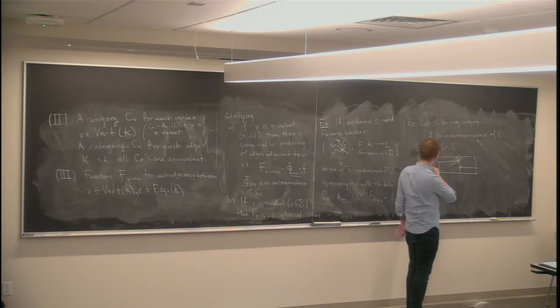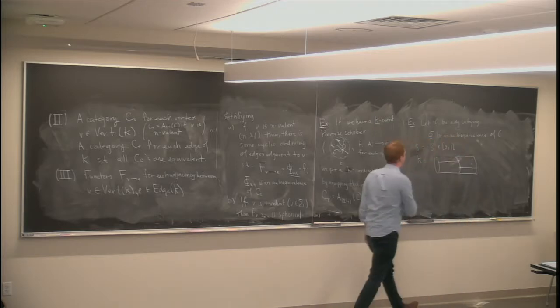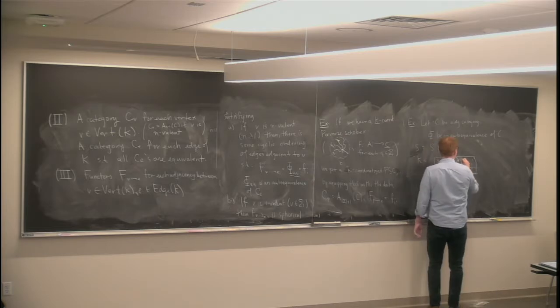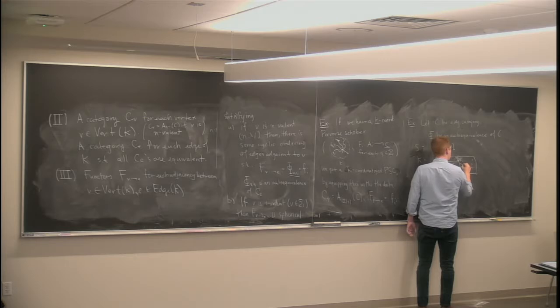So it's this skeleton inside of S1 cross the closed unit interval. Okay, and so we have two vertices. We have, say, E1, E2, and we have, say, E1, E2, E3.